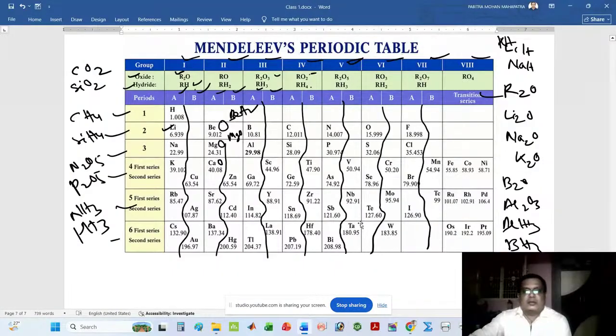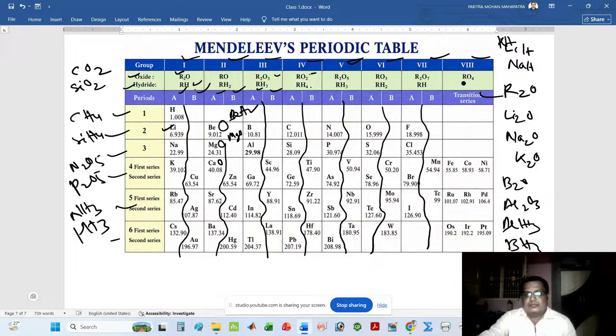You can think about the side also, group VI. You will find the same. Group VII: R2O7, RH. Group VIII: RO4.